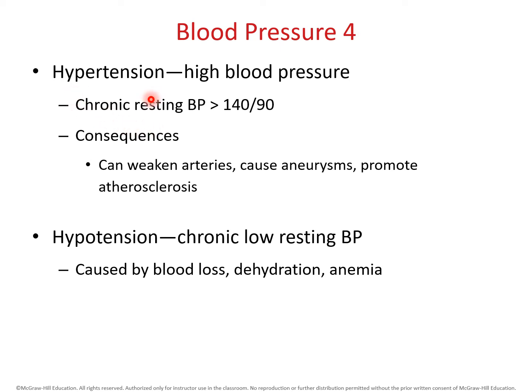Okay, and in hypertension, your heart is actually working extra hard, right? Because it's pumping blood with a lot of force, and this can cause increased risk of a heart attack or a stroke, and it can be life-threatening in cases, and eventually it can weaken arteries and cause aneurysms.